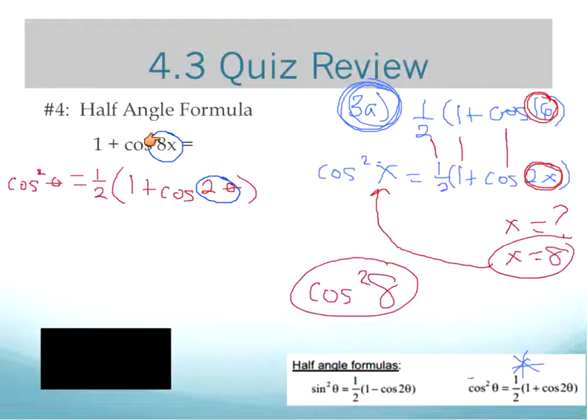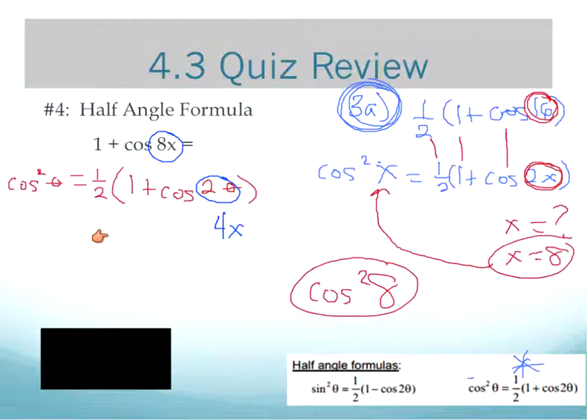If my cosine here is 8x, and our formula says it's 2 times theta, 2 times what is going to give me the 8? What do you guys think? What's this really going to be? So 2 times 4x. So 2 times 4x is going to give me 8x.